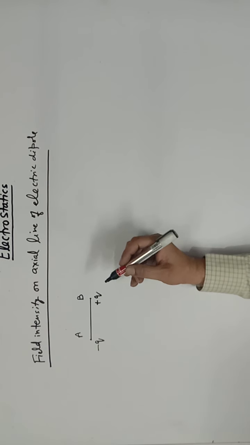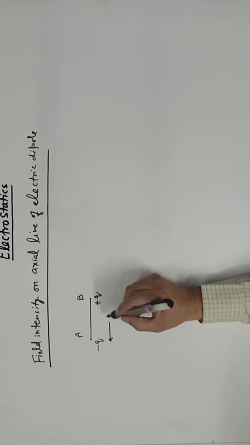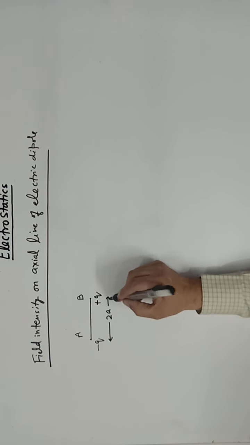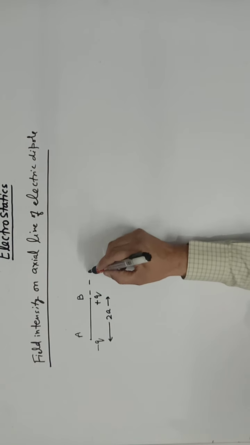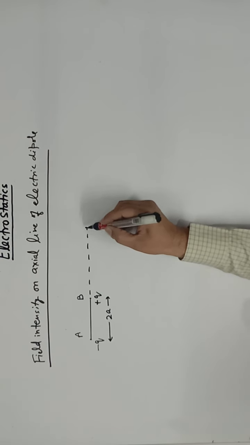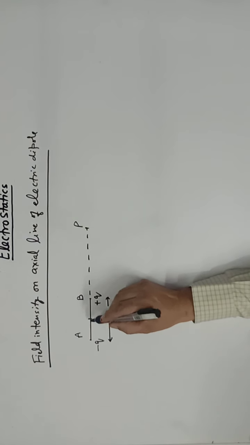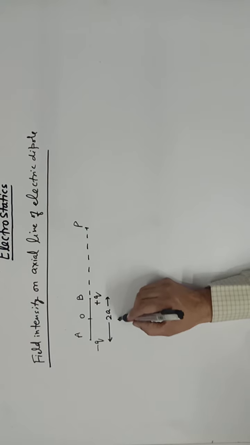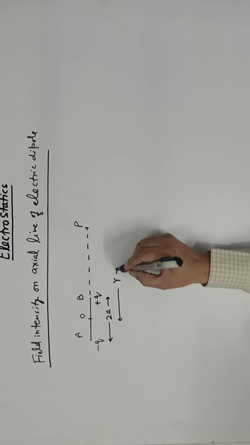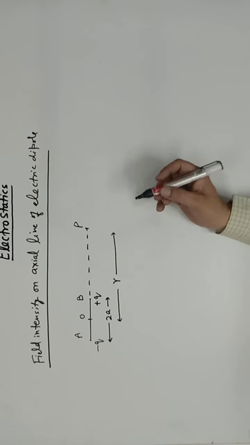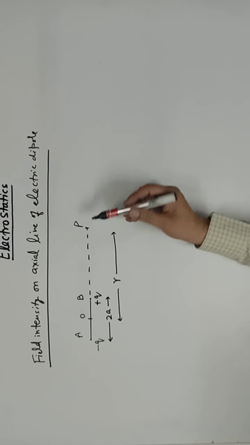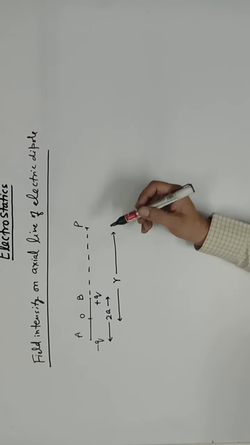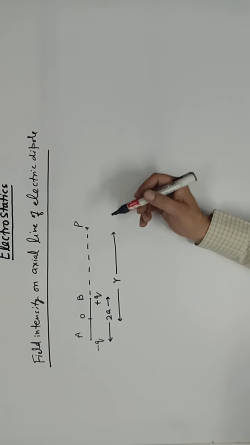We have to calculate the electric field intensity E at a point P on the axial line of this dipole. This is the midpoint O. The distance of P from O is r, that is OP is equal to r. We have to find the electric field intensity at the point P due to the dipole AB, which consists of two charges plus q and minus q.